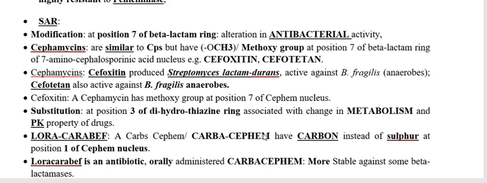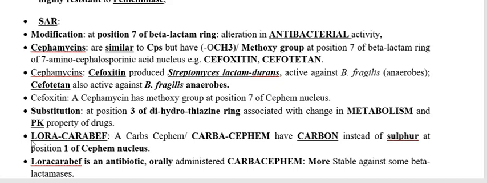Addition of carbon at the cephem nucleus, replacing the sulfur, gives the group we call carbacephem. And in this carbacephem group the antibiotic is only one, called loracarbef.